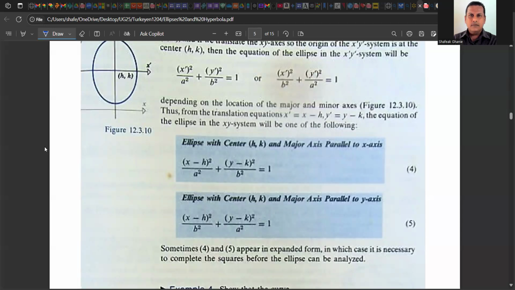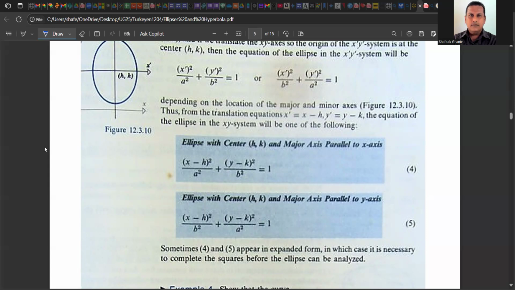Again, there might be no need for us to worry about memorizing two sets of equations. It really depends on the size of A and B, and you could have figured that out without switching around. Notice the first one you have A square, and the next one you have B square in front.